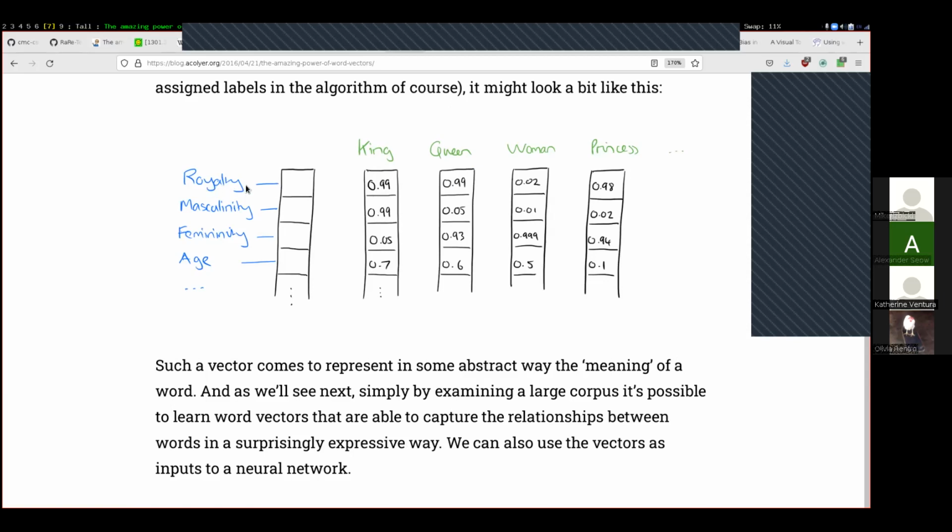So we might have a royalty portion. King, queen, and princess all have high values for royalty, but woman has a low value for royalty. Then a masculinity portion: king has a high value for that, and the other three have low values. Femininity is sort of the opposite: king has a low value, queen has a high value, and so on.